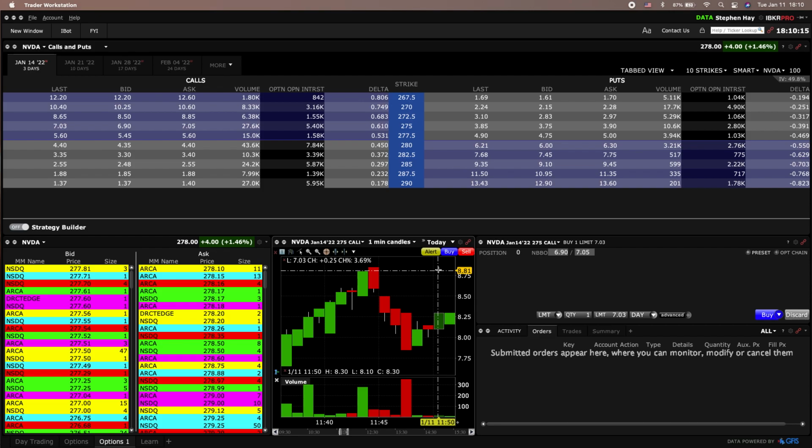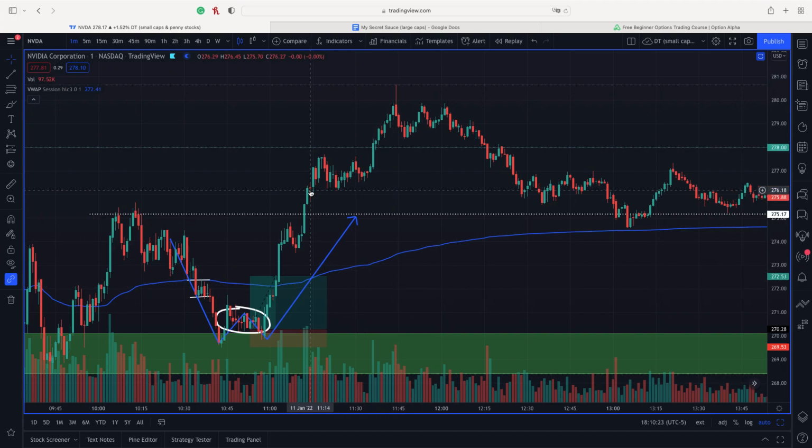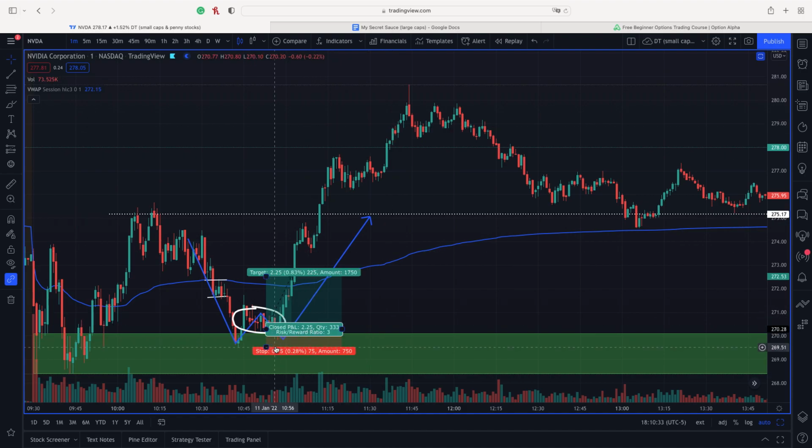You would have made literally double, right? $440 with only one contract of $400, right? And let's say you bought two contracts, you would have made about almost $900 for just a $10 move, which is really good, right?